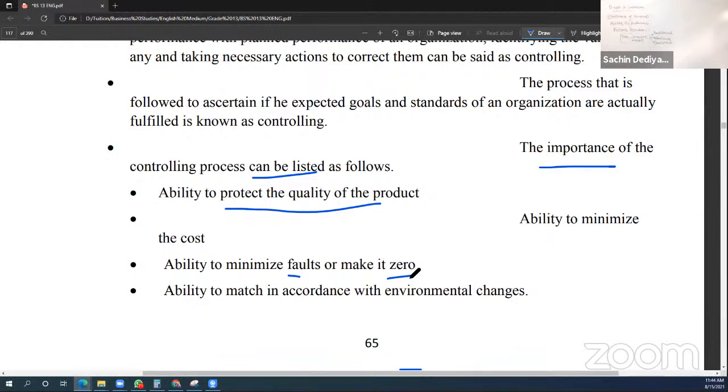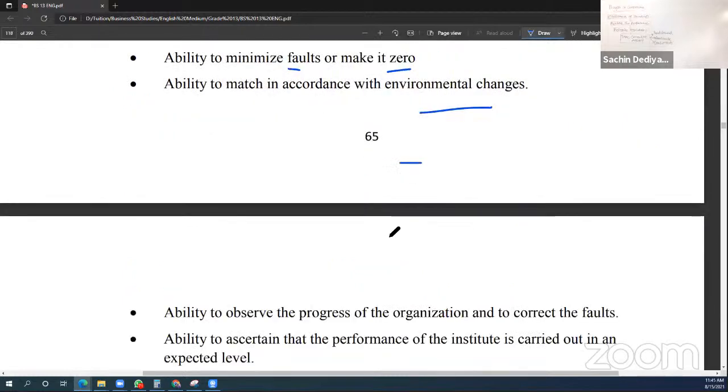Is the reason something controllable or uncontrollable? Is production lower because of a reason you cannot control? So that's what you can think about. So make sure of the ability to match in accordance with the environmental changes.